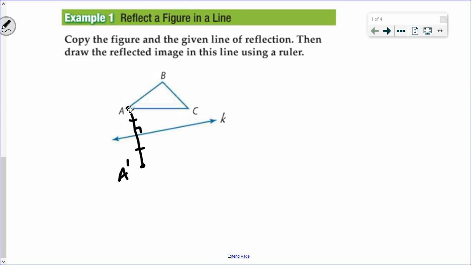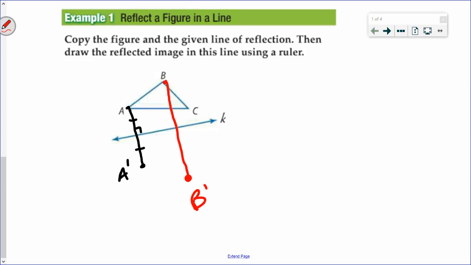To do this with point B, we start here at point B and observe how far that is from the line of reflection, and we want to go about that same distance over on the other side, and we would have point B prime over there.